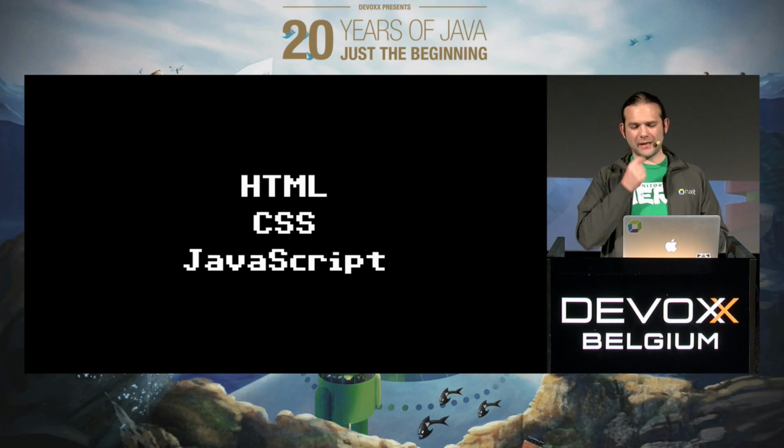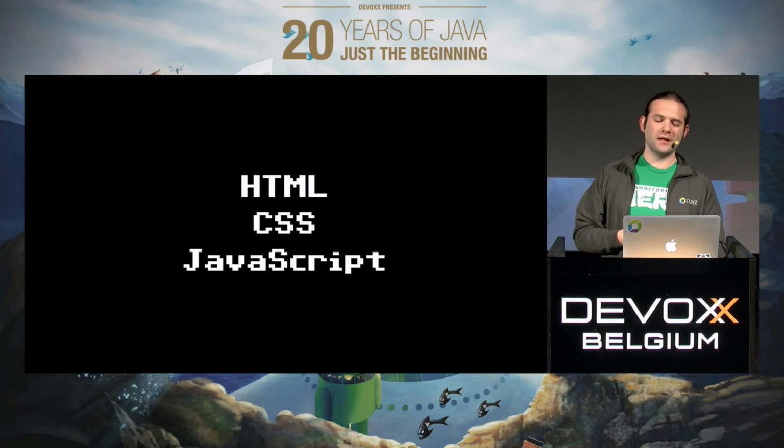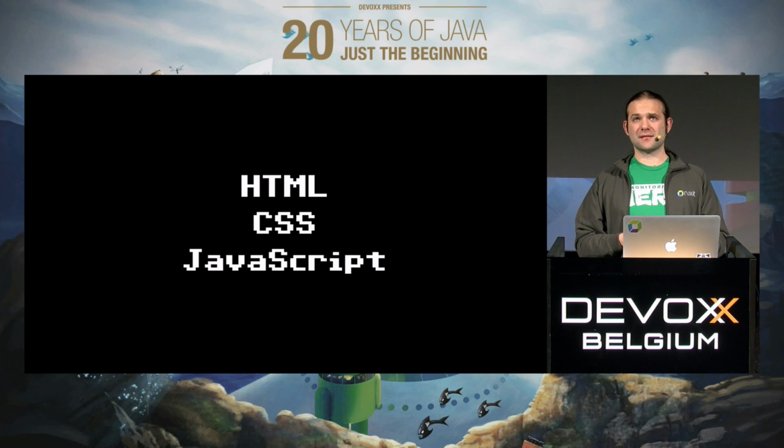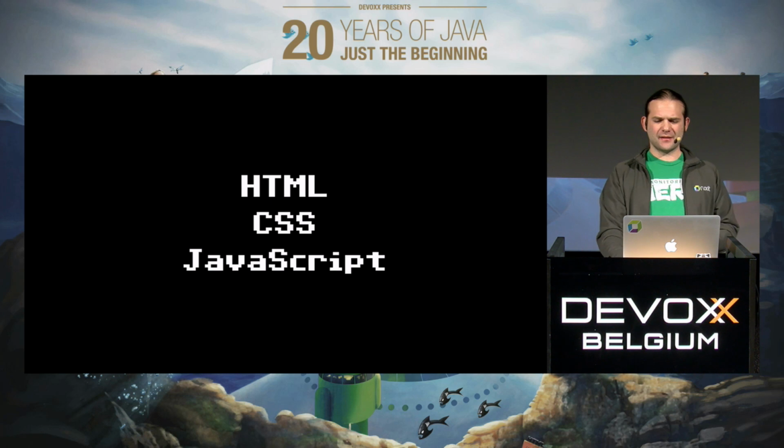Well, talking about Gulp. So I'm a web developer, and the technologies I work with are HTML, CSS, and JavaScript. Well, at least I thought. Actually, it's a lot more.